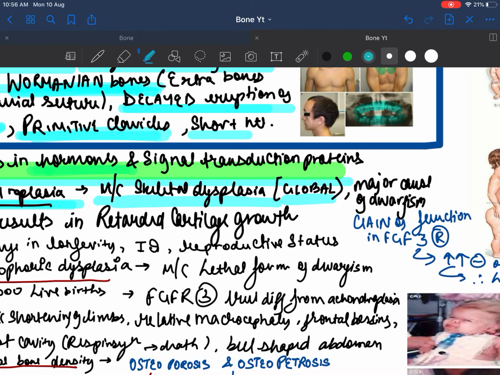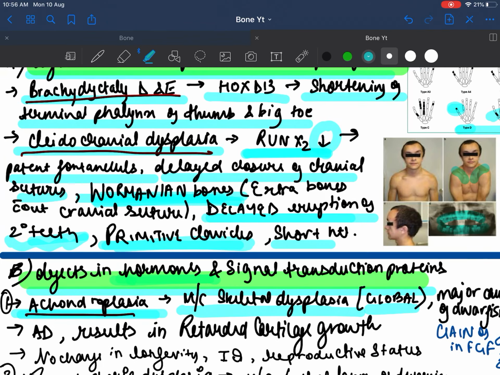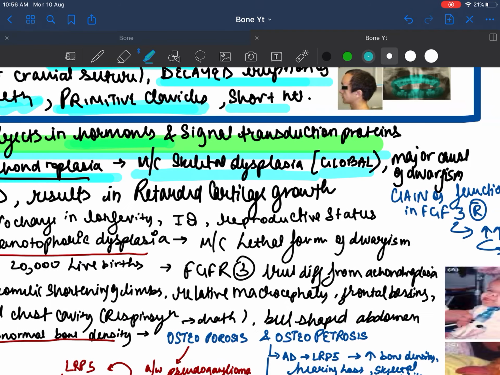That's what the terminology of dysplasia in the chapter of bone pathology means. It's not the pre-malignant lesion definition that we give it in the chapter of neoplasia. Dysplasia in bone pathology means that all the bones of the body are being affected. Dysostosis means only a local group of bones is being affected, like what we have seen in brachydactyly types D and E.